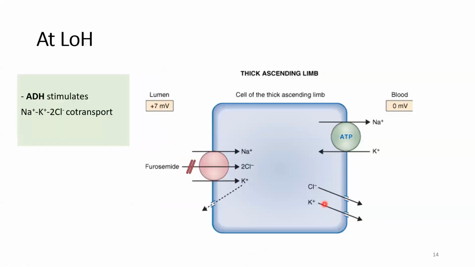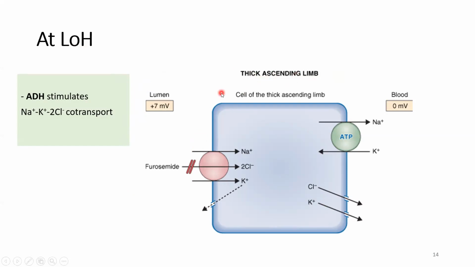Okay, enough about PCT. Please do give it a formal read from your textbook, and things should settle down. Now, at the loop of Henle, we are not very much concerned about the thin descending limb, and not the thin ascending limb either; we are basically concerned with the thick ascending limb.